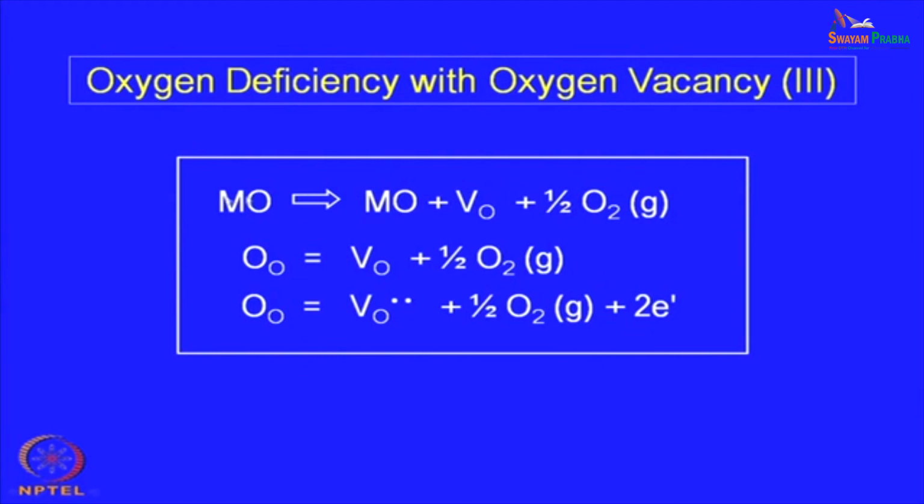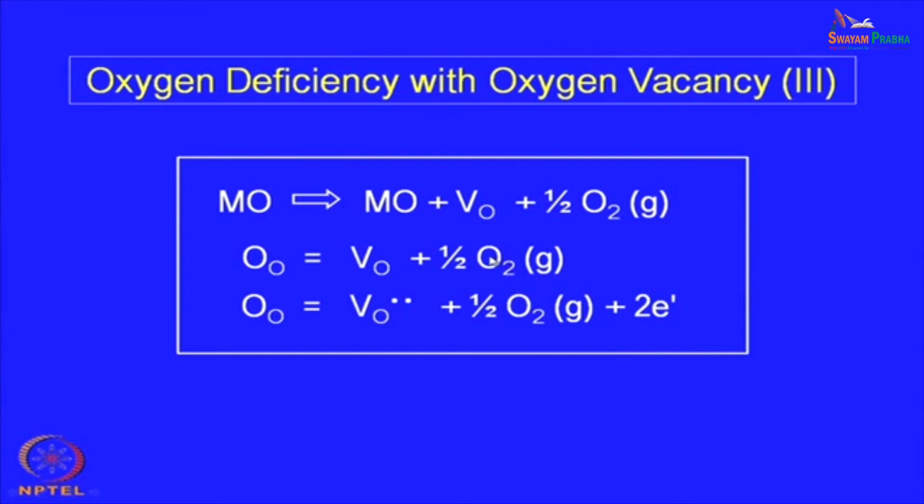Well, finally, this is the overall reaction we are writing. This is just to express what is happening: the metal oxide perfect lattice, still a perfect lattice, in addition an oxygen vacancy has been created and half oxygen has gone out in the form of an atom, leaving behind two electrons. Then this metal site has been removed, and we simplify the equation like this, only oxygen, maintaining the mass balance.